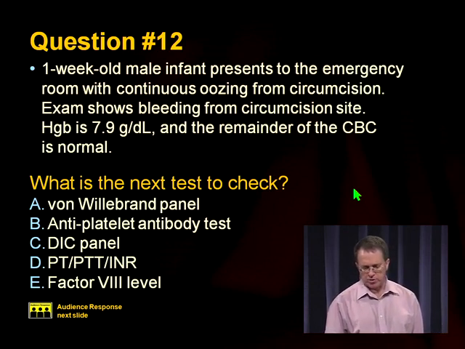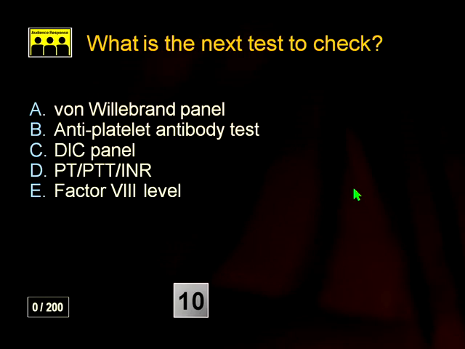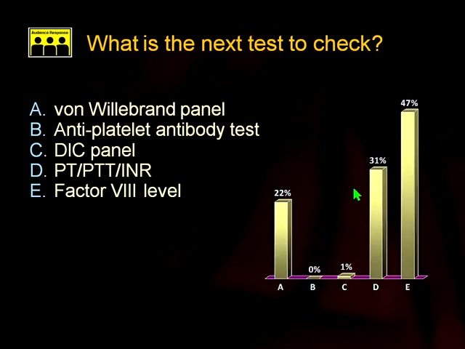Hint, that's always worthless. DIC panel, PT, PTT, INR, factor 8 level. So go ahead and cast your vote. If somebody votes for that antiplatelet antibody test, game on. Exactly. All right, thank you.